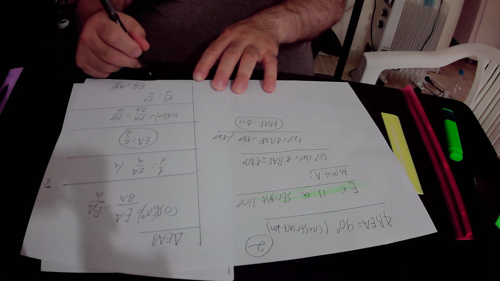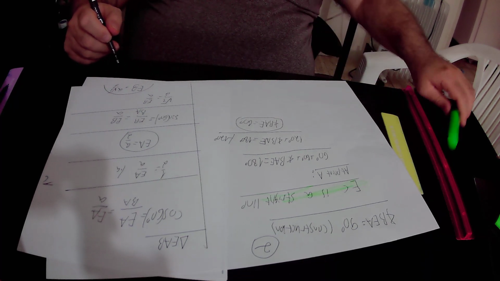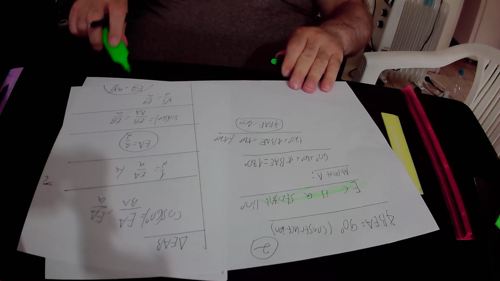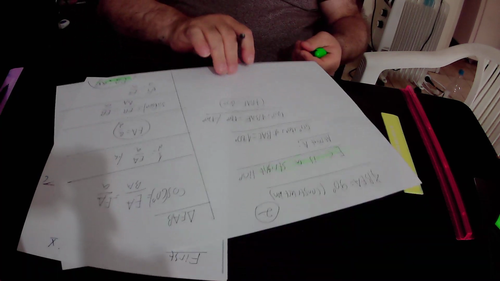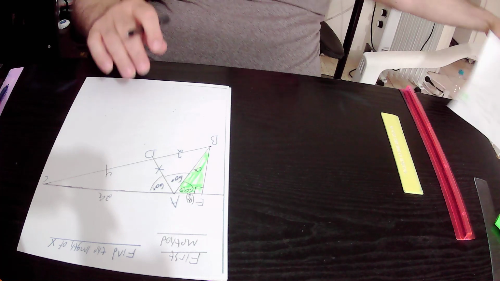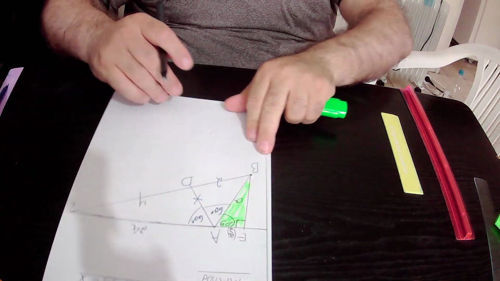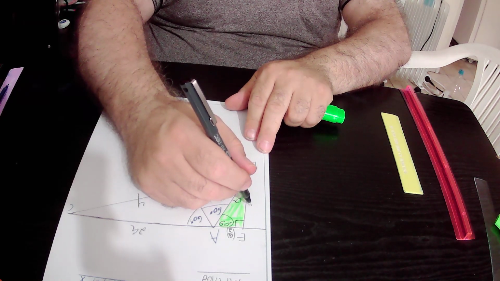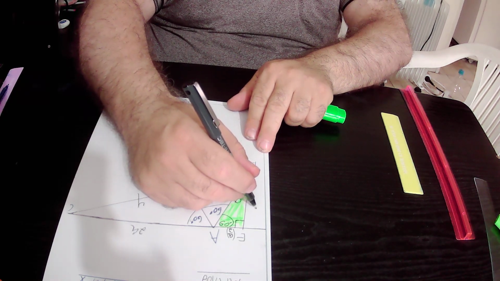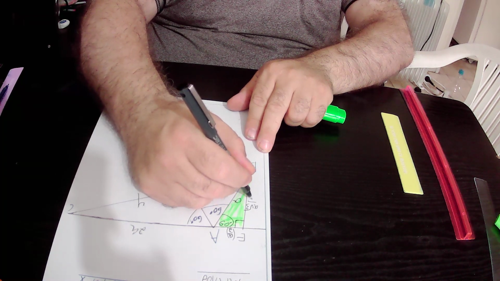Okay, EB equals A times square root of 3 over 2 units.